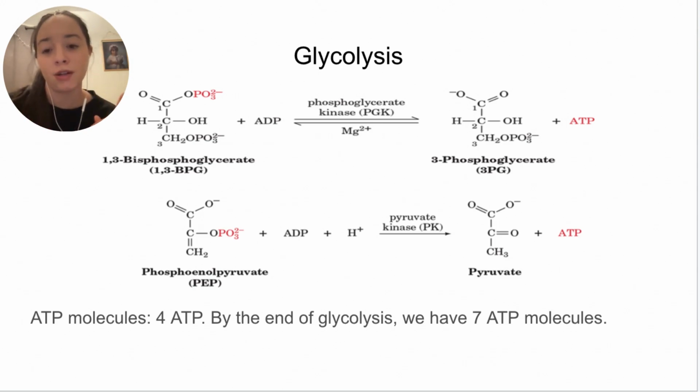This yields two more ATP molecules. And then in step 10, which is the last step of glycolysis, we're left with phosphoenolpyruvate, which is then converted to two molecules of pyruvate by the help of pyruvate kinase, and then we're left with two more ATP molecules. So by the end of glycolysis, we have 7 ATP molecules that were produced from this pathway.